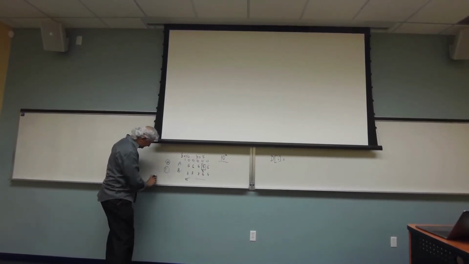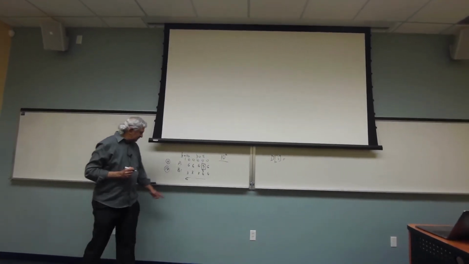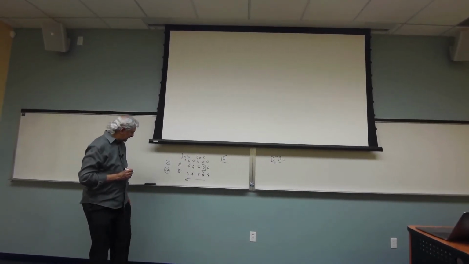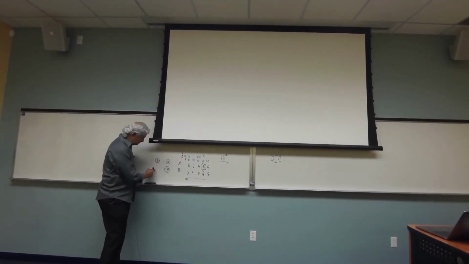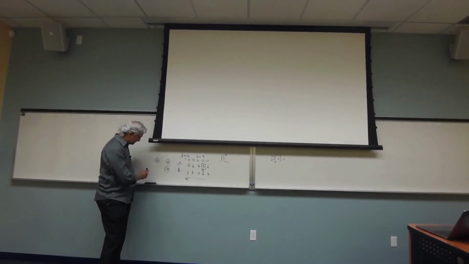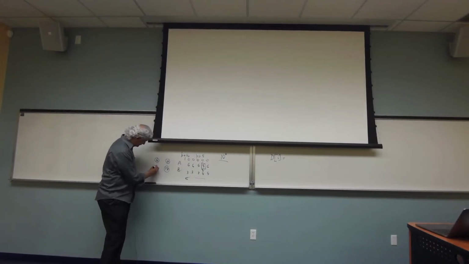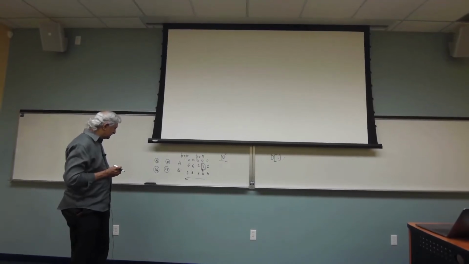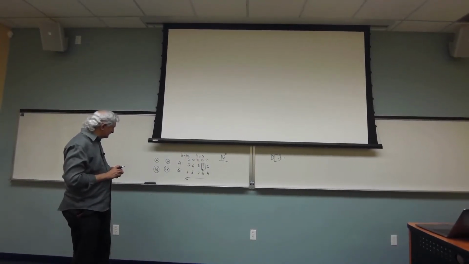Now I'm being greedy and I'm sending this over, and that would make this 6, 17 minus 4 plus 1, right? 4 plus 4, 8 plus 6, 14. And I'm thinking this is not quite the best you can do.